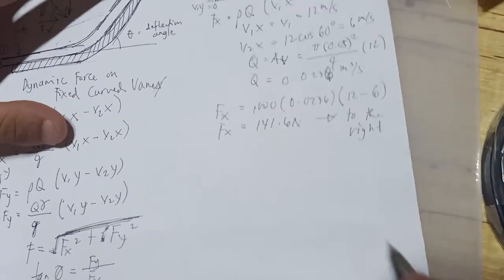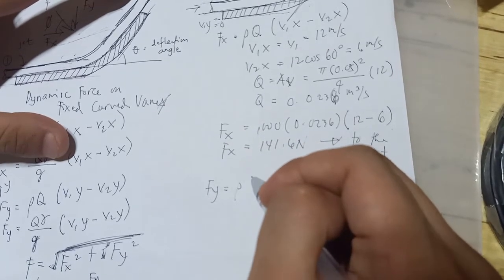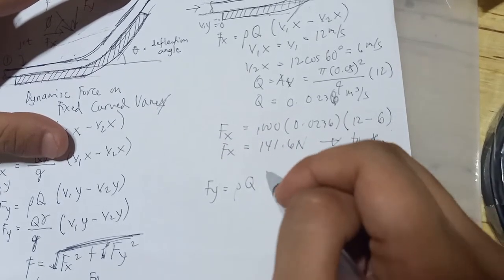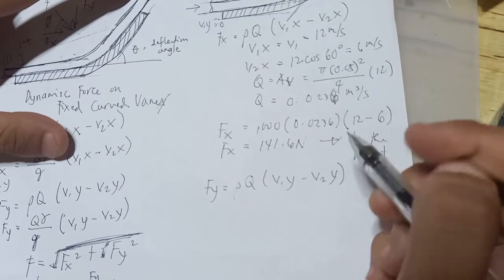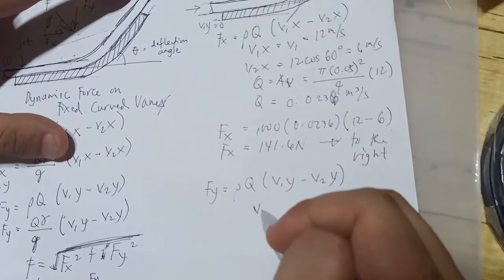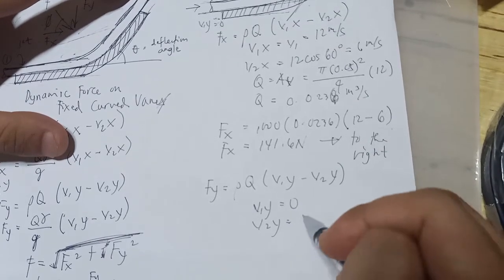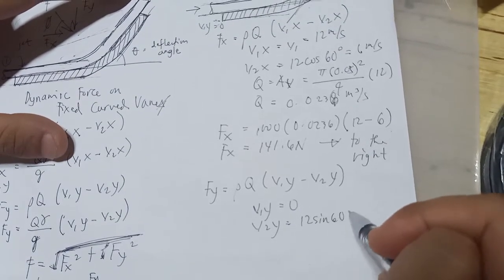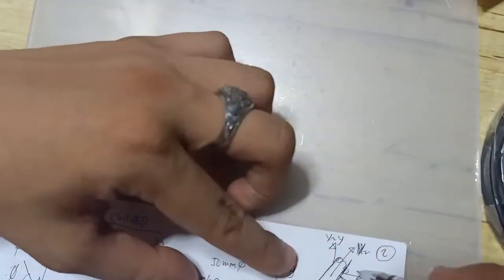So now let's find the y. So Fy equals mass density times discharge times v sub 1y minus v sub 2y. v sub 1y equals 0. v sub 2y is 12 sine 60. So you ask, why is it like this?